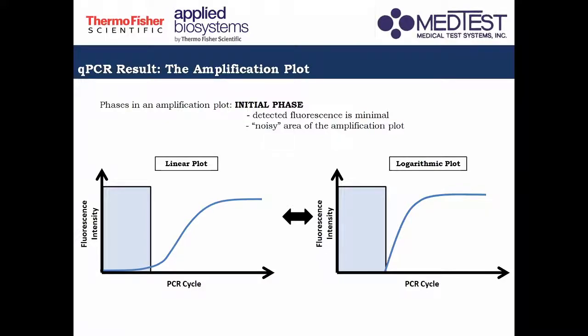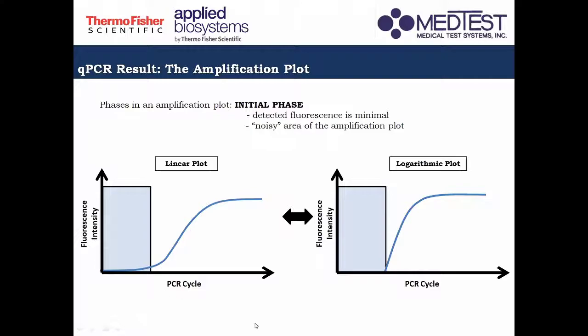Ito po yung first few cycles ng PCR nyo wherein the detected fluorescence is very minimal. So hindi siya masyadong nade-detect ng instrument natin. And this area of your amplification plot is considered noisy. Kasi very unreliable kasi masyadong maliit yung nade-detect na fluorescence.